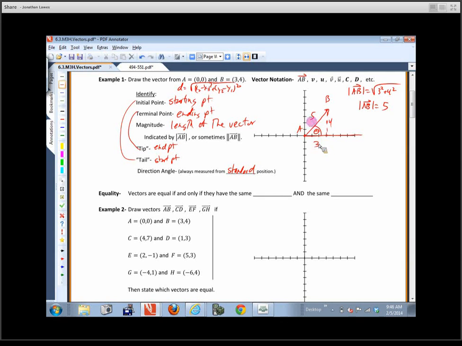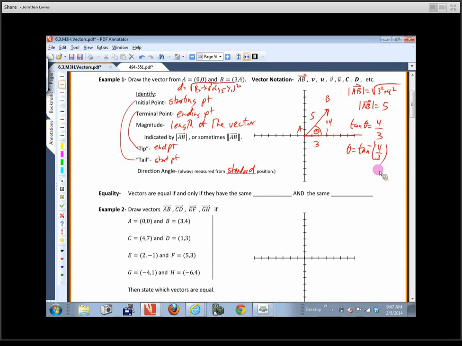I could do 3 over 5 and then do cosine inverse. But really, didn't we know these two, the 3 and the 4, first? This one happens to work out to be a nice number like 5, but what if it worked out to be 5.2317? Probably tangent is going to be our better bet. So the tangent of theta is going to be equal to 4, this vertical part, over that horizontal part. So then I'm going to get theta equals tangent inverse of 4/3.